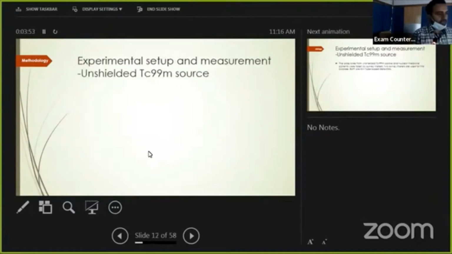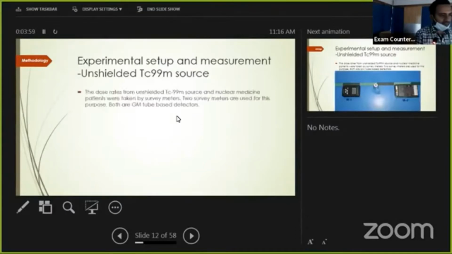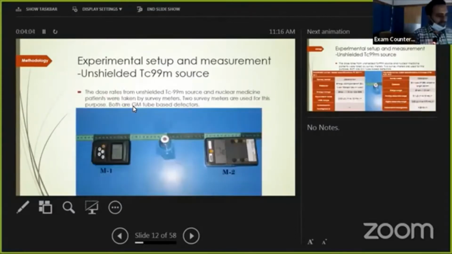The experimental setup for the measurement of the unshielded technetium-99m source: the dose rates were taken by using two survey meters, just like this. There is a radioactive source in the center, and at some distances we have taken the readings by two survey meters.